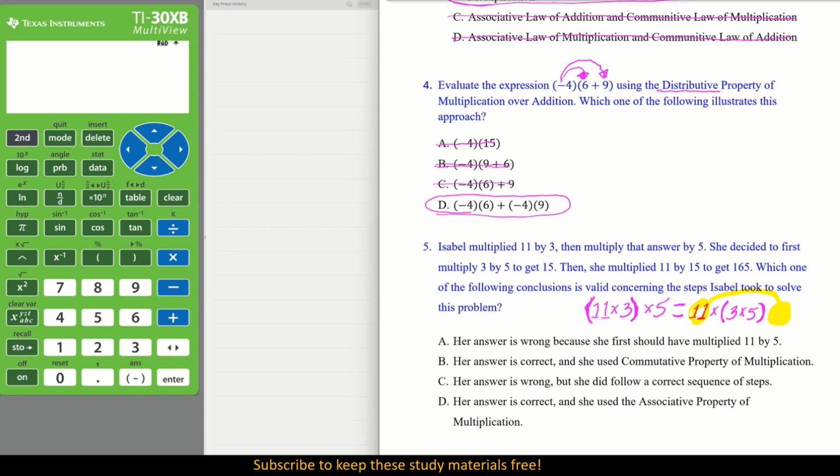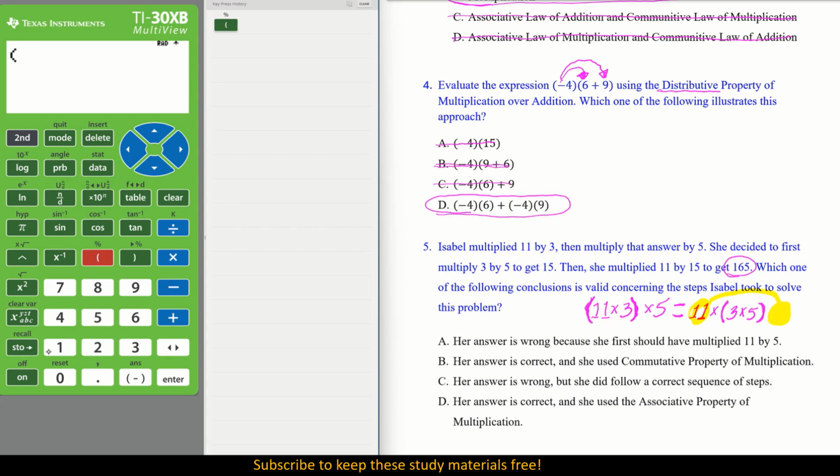A, her answer is wrong. Well, let's put all this in the calculator and double check. If what we have by what they're stating is the same, then we know, and they're saying both sides have to be 165. All right, let's just do it because the numbers could get dicey and weird and longer. So let's go ahead and try this in our calculator with this simpler one, okay?